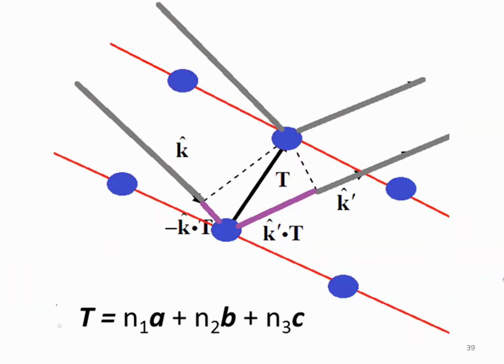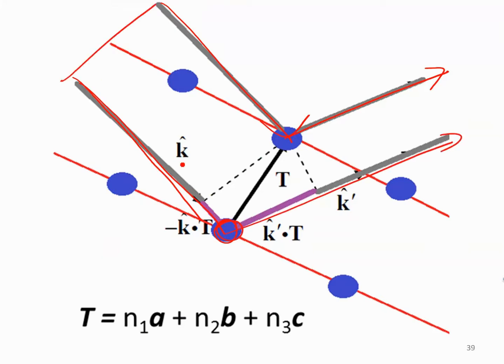You can see that the X-ray hits an atom and then reflects. The other X-ray, because X-rays have the same parallel direction, hits the second layer atom and then reflects. But these two rays have different lengths.